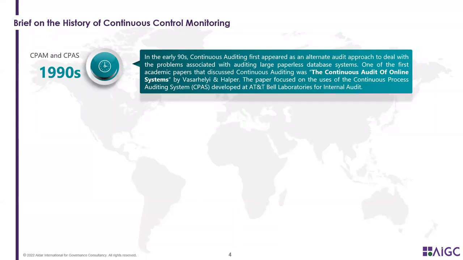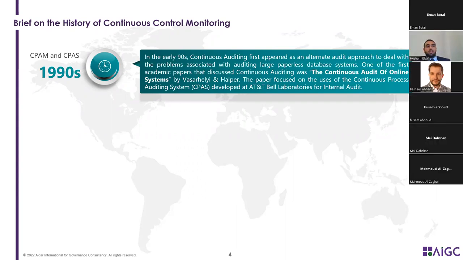This was the first time continuous auditing as a term came into the picture. It wasn't the term continuous auditing as we know it today, or continuous control monitoring. It was CPAS, continuous process auditing system, or continuous process auditing methodology.